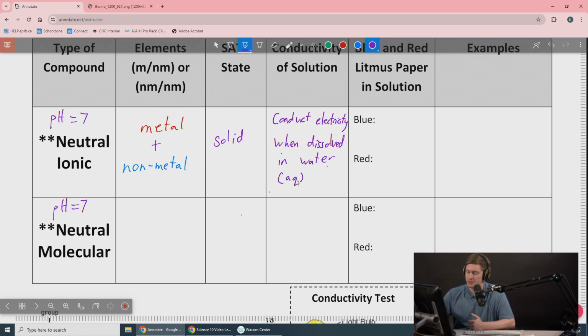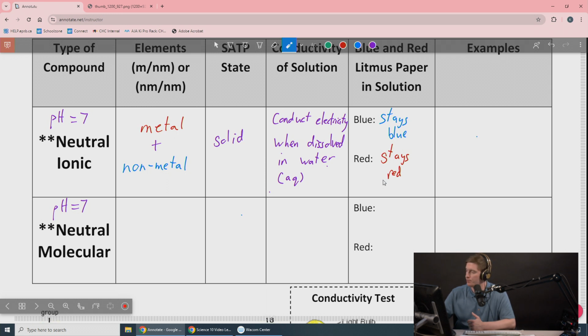Blue and red litmus paper, that's a test for whether or not something is acidic or basic. It's a chemical property of these substances. Blue litmus paper stays blue, and red litmus paper stays red. Anything that is a neutral substance will have these properties.